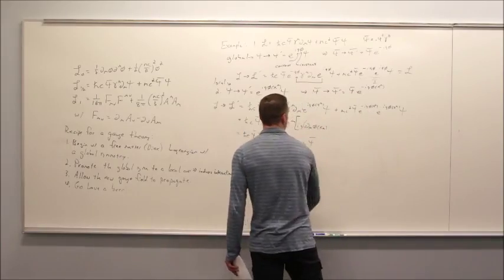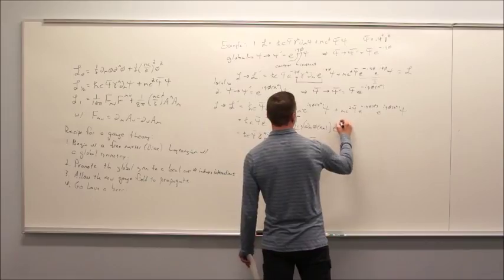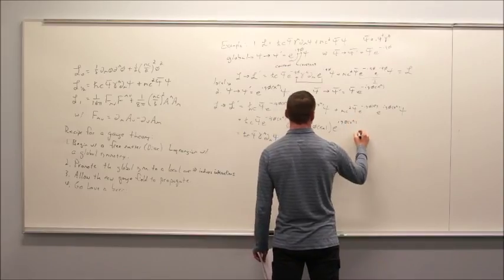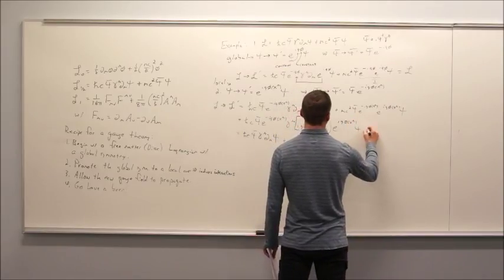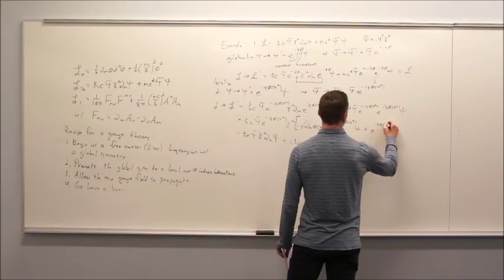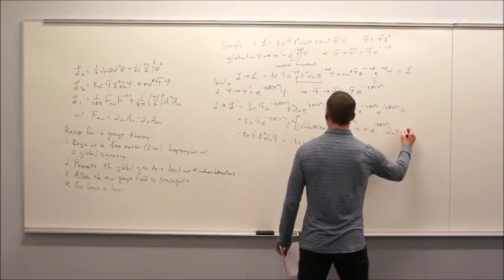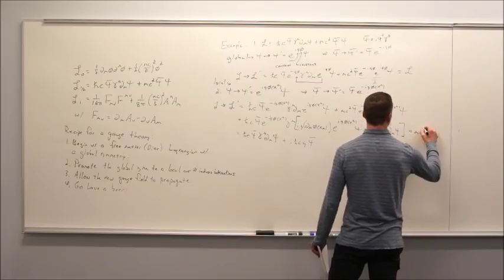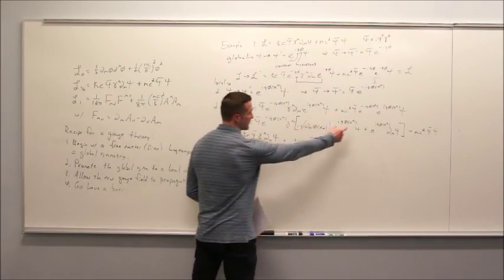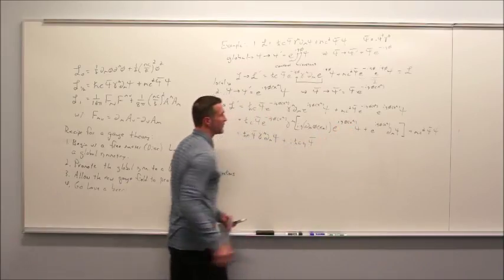Sorry. So that's that, and then I get this factor e to the iqφ(x^μ) ψ plus e to the iqφ(x^μ) ∂_μ ψ plus mc² ψ̄ψ. When you take the derivative of an exponential, you get the derivative of the exponent times the original exponential.